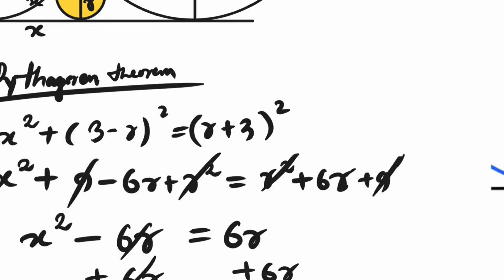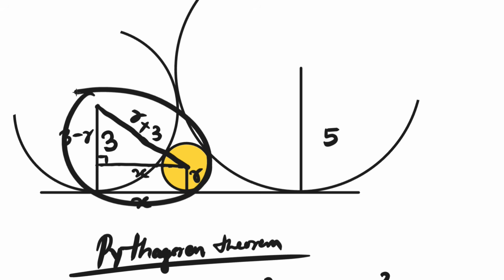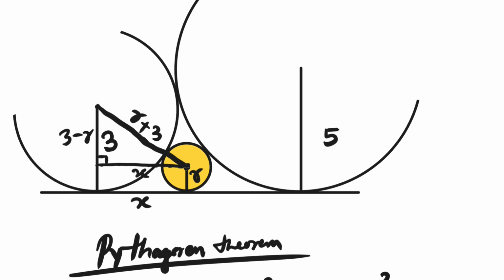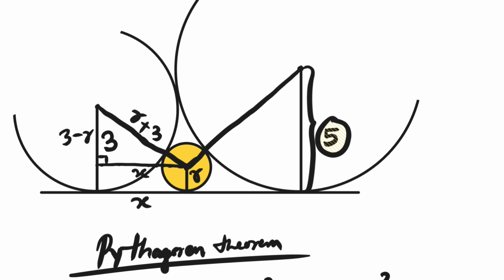Now let's move to the right side and repeat the same idea. Connect the center of the smaller shaded circle to the center of the right circle. The right circle has radius 5, and the small circle has radius r. Since the two circles touch, the distance between their centers must be r plus 5.